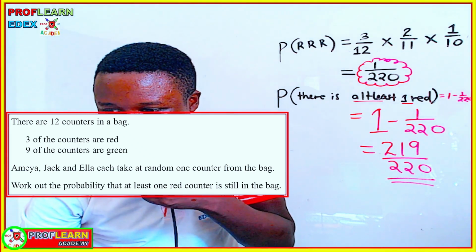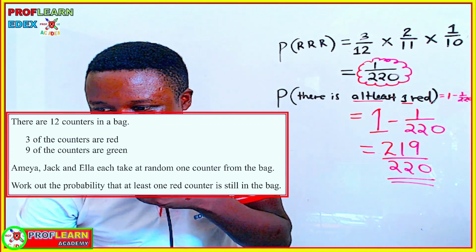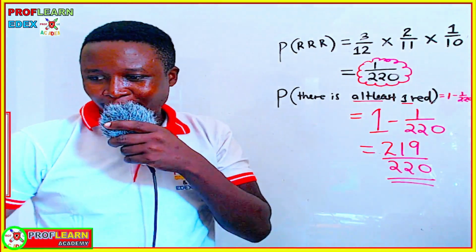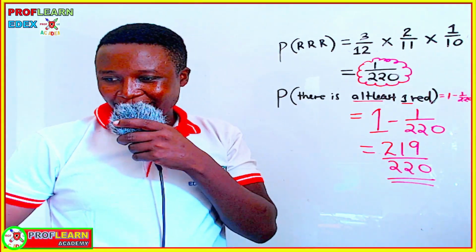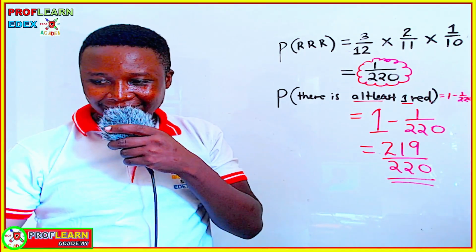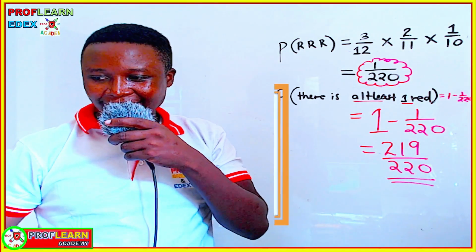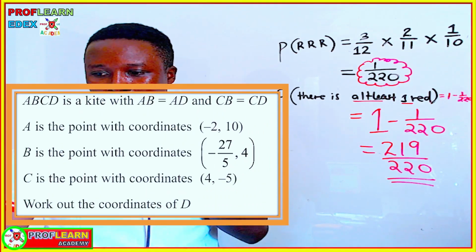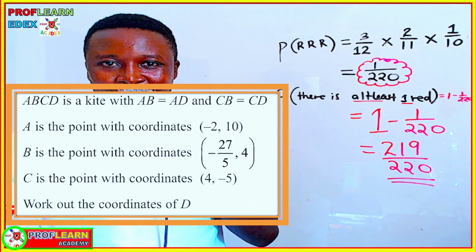So we need to move to another question, right? Let's see the next question quickly. Guess which topic this question is coming from. This is a question that is coming from geometry.